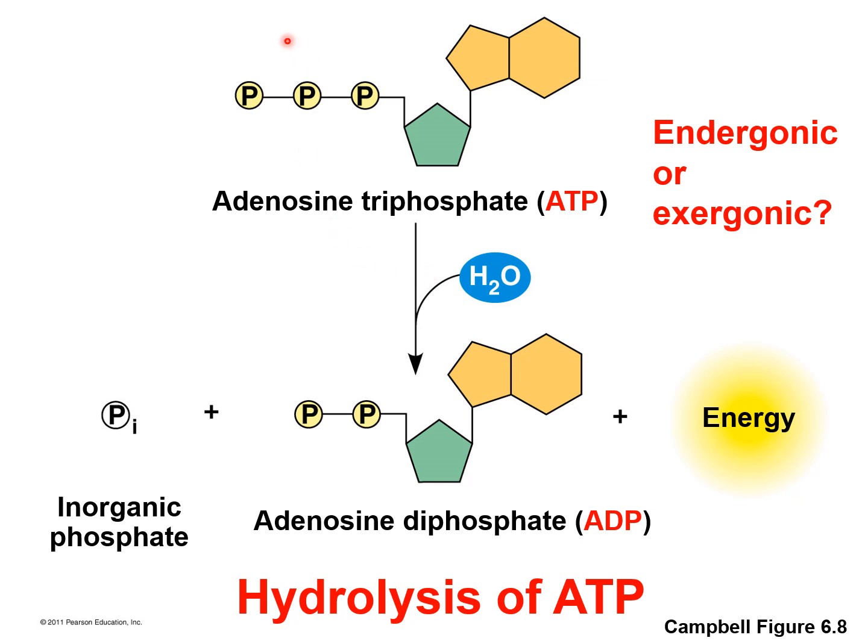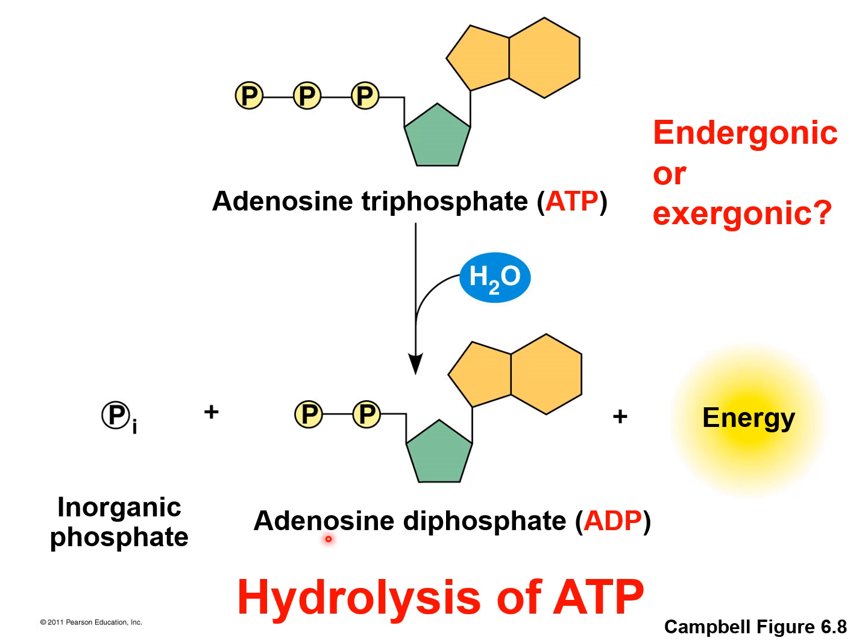So we're just going to chop off one of the phosphate groups, break that covalent bond, and that chemical bond has a lot of energy stored in it. So when we break off that phosphate group, that's going to release a lot of energy that's been stored in the ATP molecule. And then the cell can use that energy that's been released to do whatever work it needs to do.